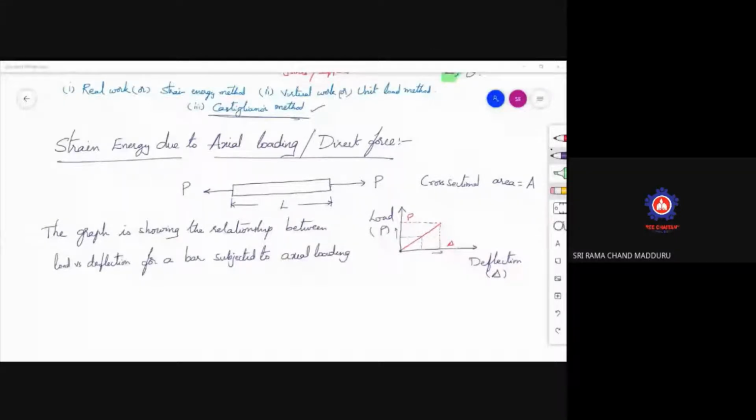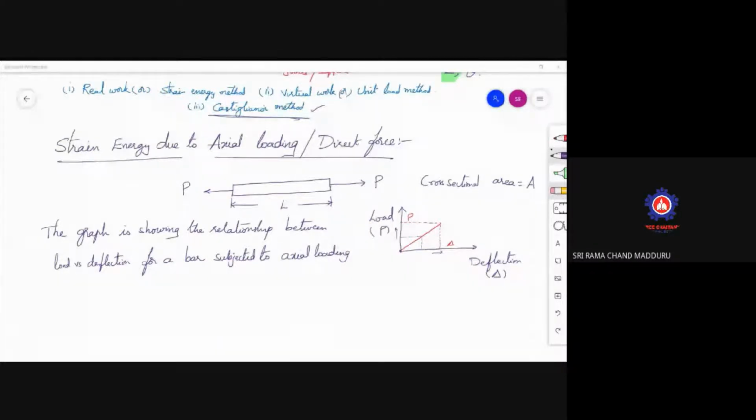If you want me to repeat once again, I am repeating. We are considering a bar of length L, and gradually we are applying a load from 0 to P. When you gradually apply a load from 0 to P, then at P the deflection value is delta.